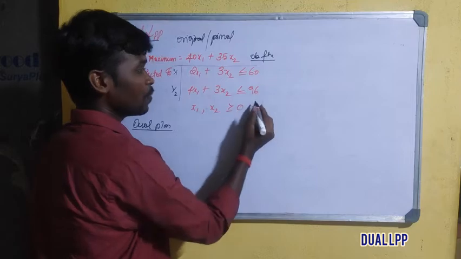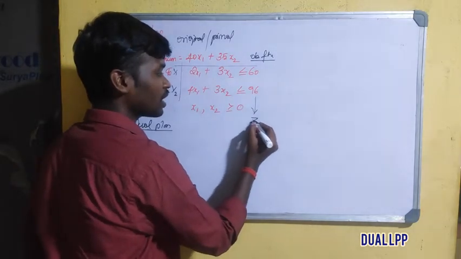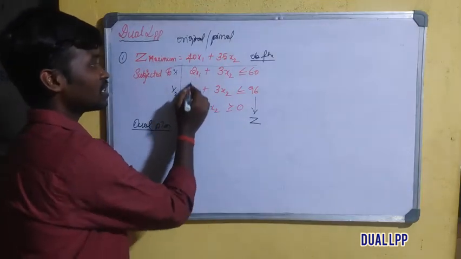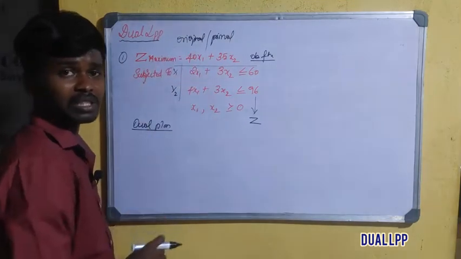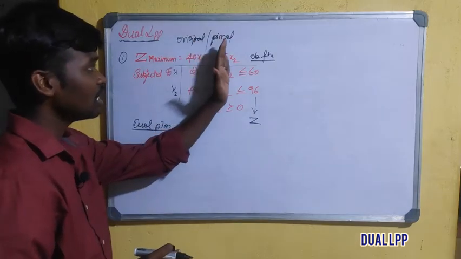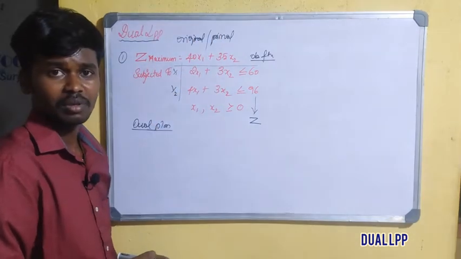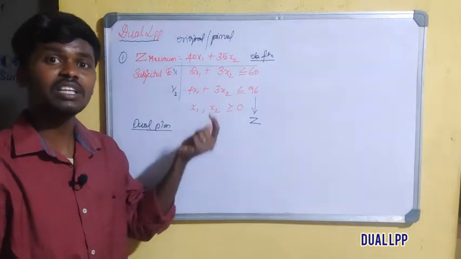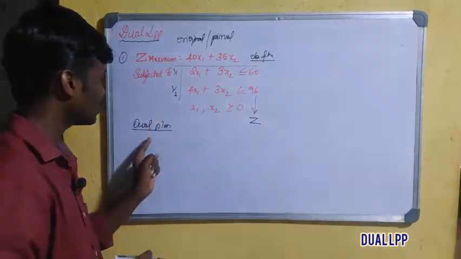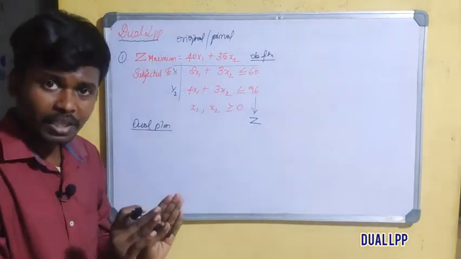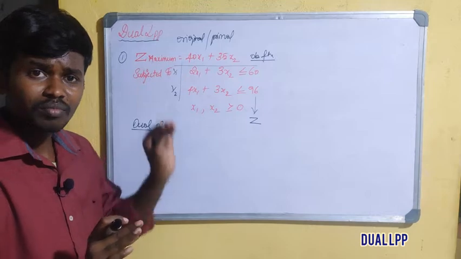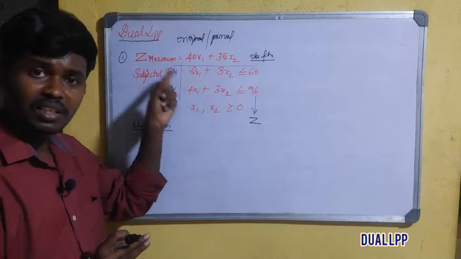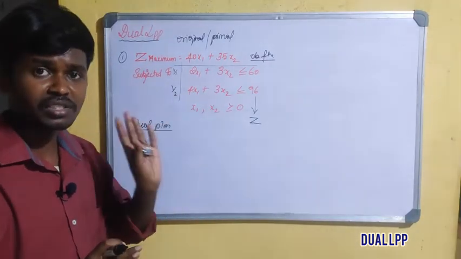The constraints become the objective function, and the variables become the constraints, based on the first and second decision variables. Let's see how the constraints become the variables and how the variables become the constraints in the dual problem. We form the dual based on the objective function and constraints only.